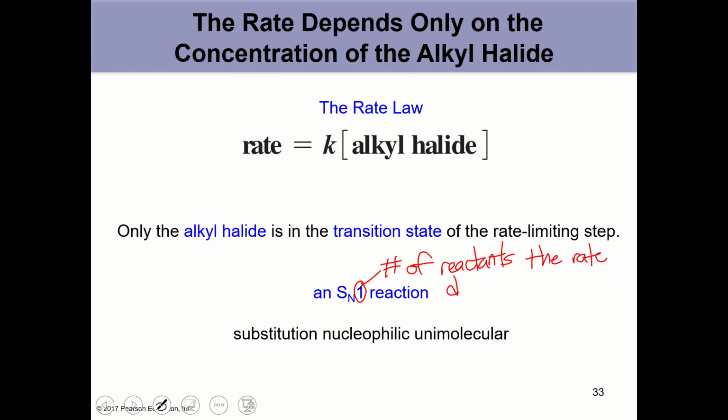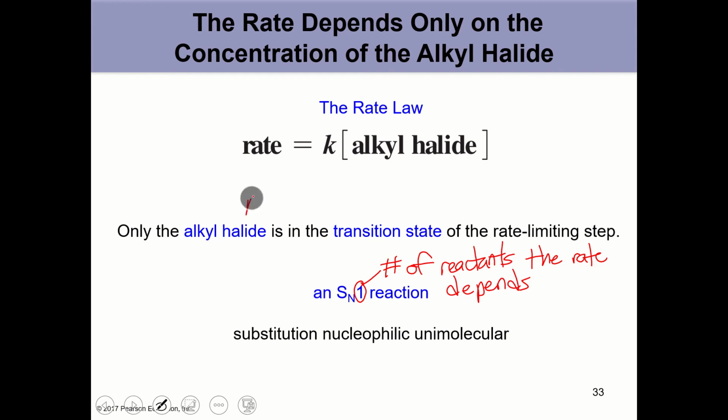For SN2, the rate depends on 2 reactants, the alkyl halide and the nucleophile. But for an SN1 reaction, the number of reactants the rate depends on is 1, and the only reactant that can affect the reaction is the alkyl halide. Changing the concentration of the nucleophile has no effect on the rate.